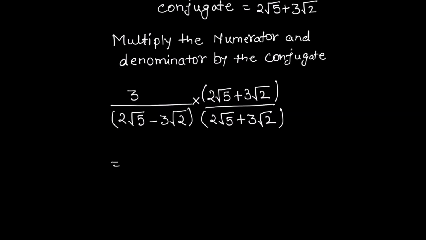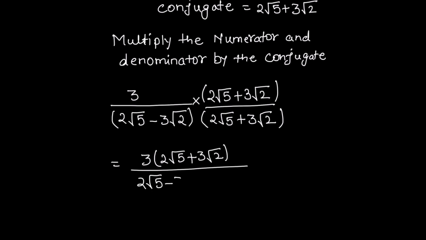Let's multiply. So the numerator will be 3 times 2 root 5 plus 3 root 2, divided by denominator, which will be 2 root 5 minus 3 root 2 times 2 root 5 plus 3 root 2.